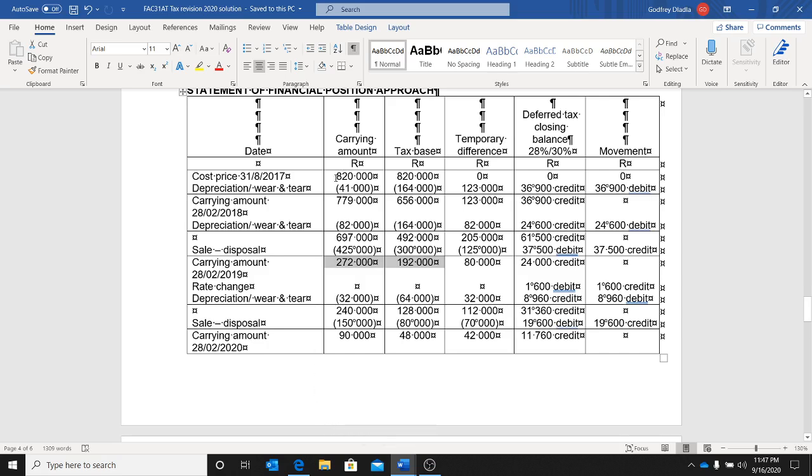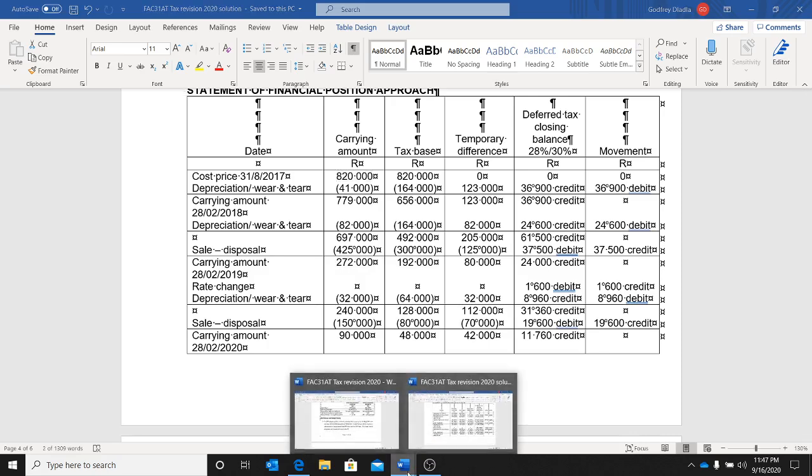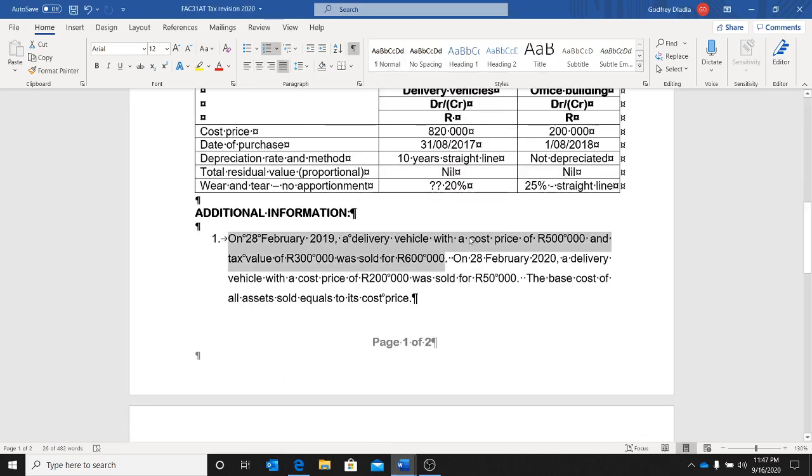You've got 820 here, and you sold an asset with a cost price of 500. It's written here. Right. So if I take this 820 here and I minus this, 820 minus 500, it gives me 320, the difference between the two.